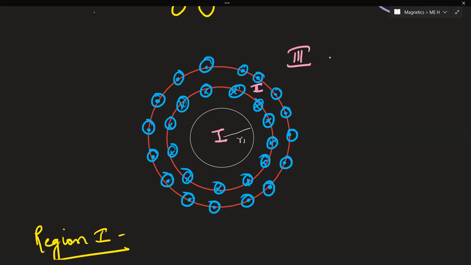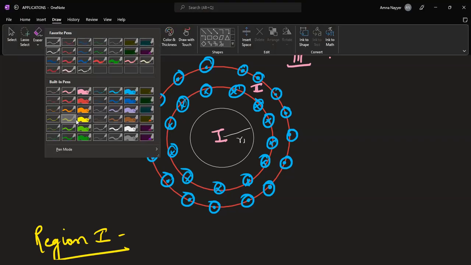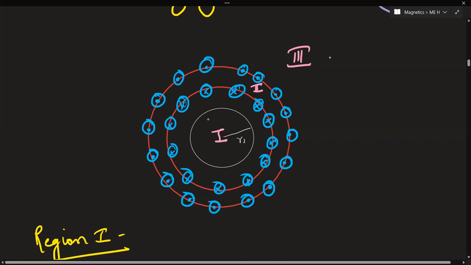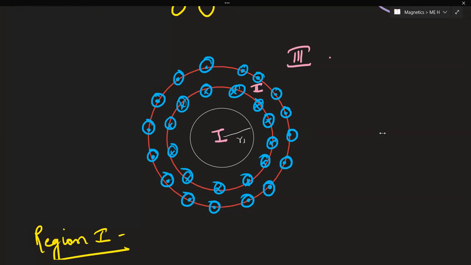Yes or no? Look into the figure. Is there any magnetic field included within this? Yes, Fahad, zero. Definitely it will be zero.